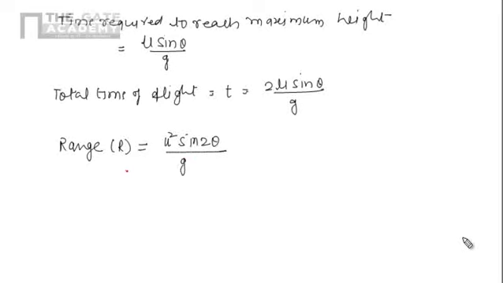And for maximum range, what will be the value of theta? For maximum range, theta will be 45 degrees. So these are some of the important things related to projectile motion.